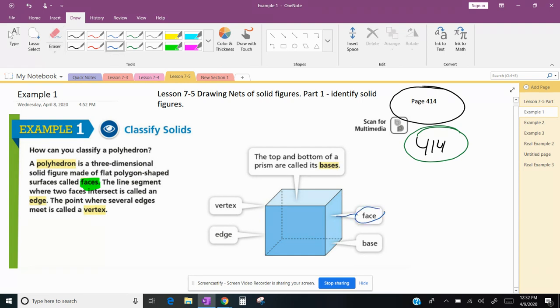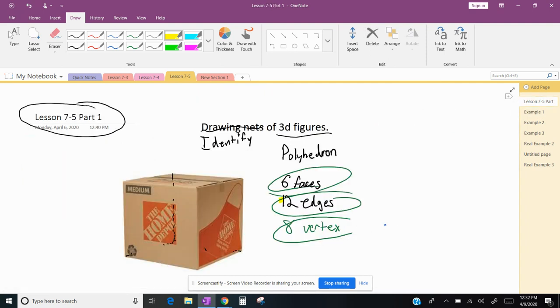There's a face, there's that flat part. A vertex, which is where all the edges come together, and the edge, which is those sides, just like that, are the edges. Okay? Face, flat parts; vertex, point; edge, the sides. Okay? And again, if I look here, there's a normal box. There's 6 faces, 12 edges, and 8 vertexes.